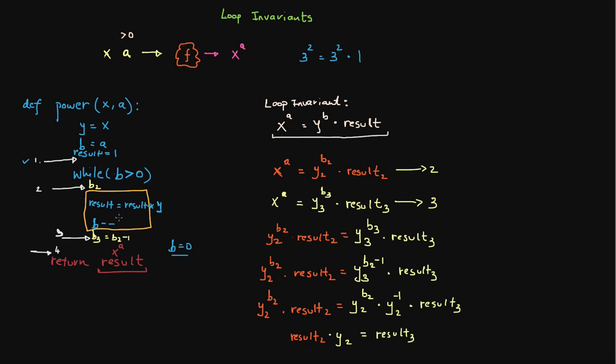So I've got result equals result times y, and at this point what I have now is the complete power function completely implemented. This is the power function over here. In the next video, we're going to look at this power function and again look at these various points in my code, 1, 2, 3, and 4, to ensure that the loop invariant actually holds at these points.